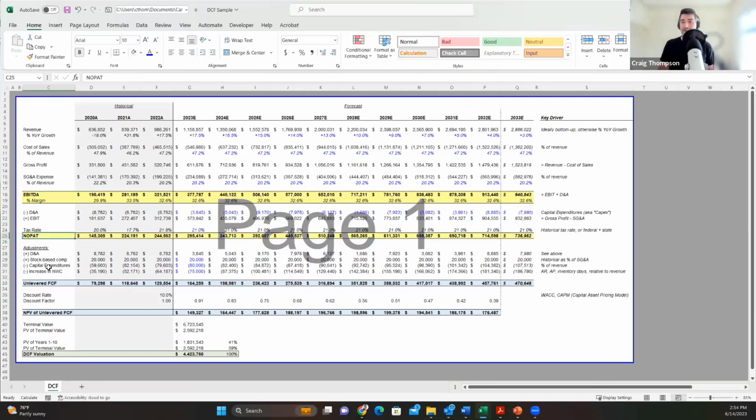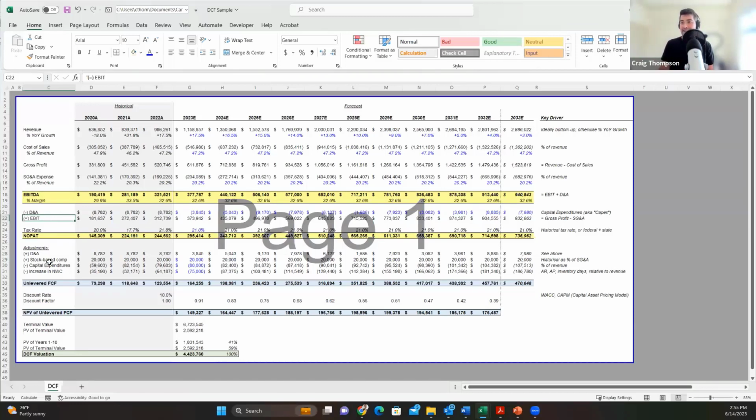And then the one other thing I wanted to talk about here are these adjustments. This is something we've talked a little bit about before, but basically the idea with these adjustments is correcting cash discrepancies between projected free cash flow and net income. So we're adding back depreciation and amortization expense from our EBIT because these are non-cash expenses.